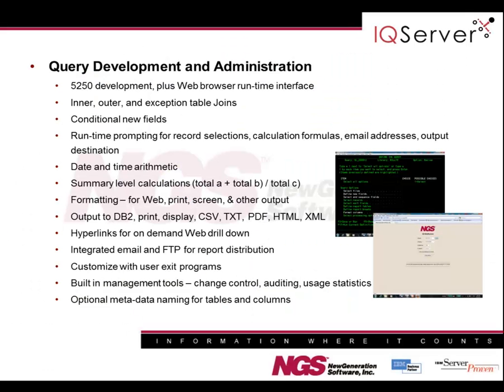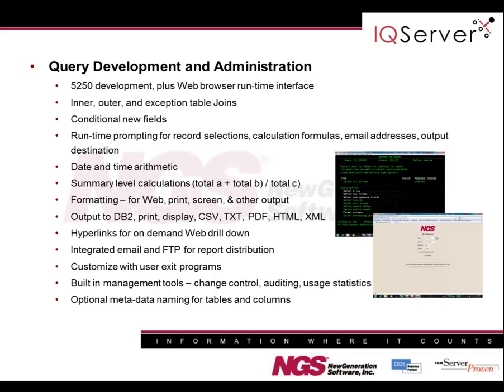The core behind everything we do is what we call IQ Server, and it resides in the IBM i environment. It runs natively there. It is designed to be a very robust report writing application. It handles a lot of different file join or table join requirements that come up in a business, conditional new fields, and runtime prompting for things like date ranges, item numbers, or customer, whatever it might need to be.